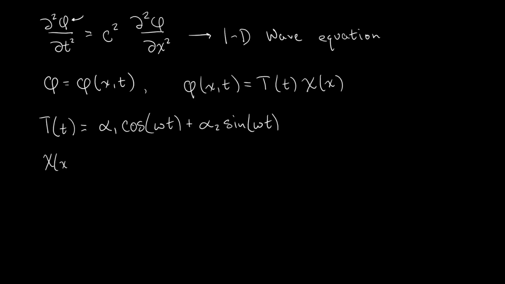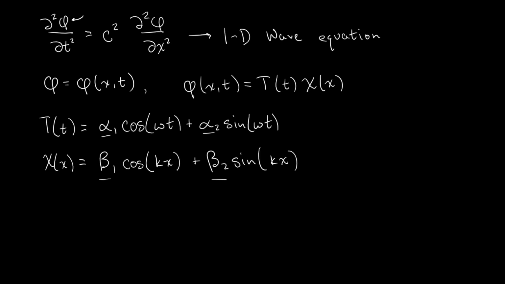But in a similar way, we have our function of x, beta 1 cosine kx plus beta 2 sine kx. And of course, alpha 1, alpha 2, beta 1, and beta 2 are all constants that we fix with boundary conditions.